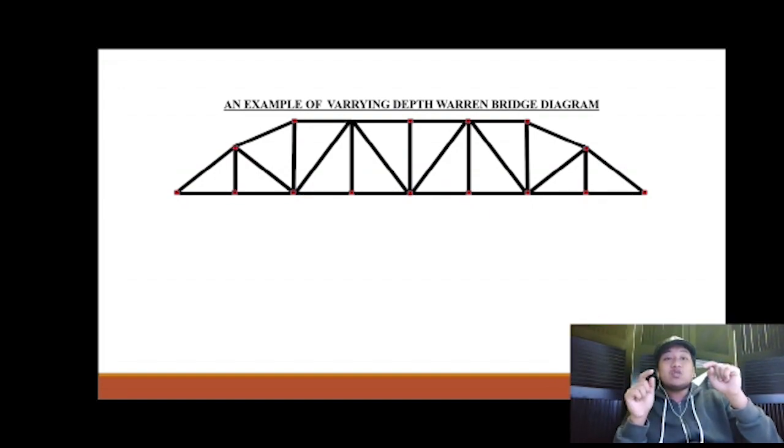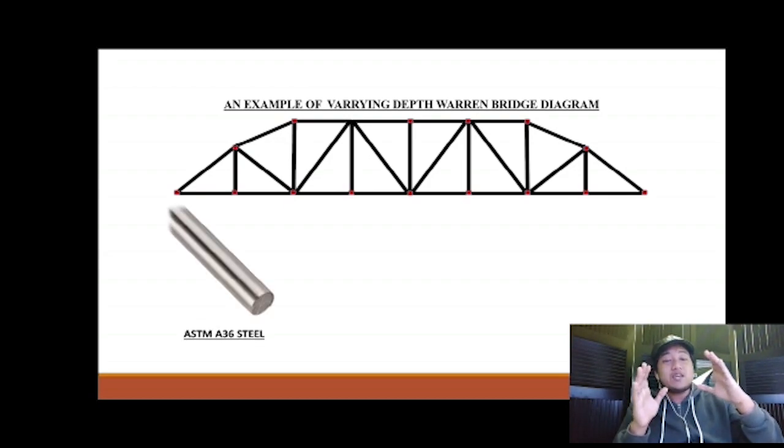The reason why we chose this bridge is due to its material requirements and because it is easy to construct. As for the material used in this bridge, we decided to use steel ASTM A36 based on the research that we have done.